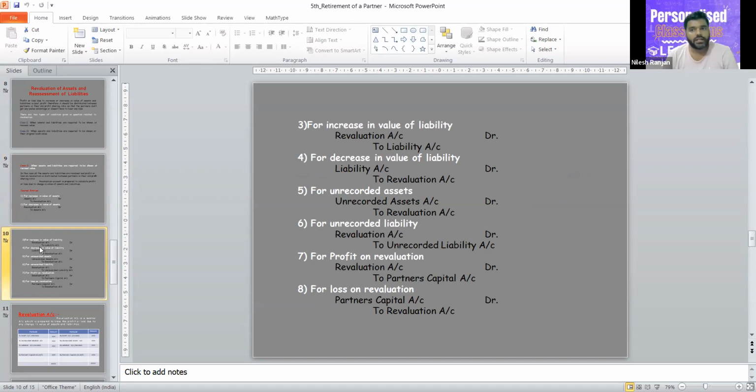The entries are different in 7 or 8, but they are based on the result. So there will be only one from 7 or 8, because if there is profit, then no loss; if there is loss, then no profit.